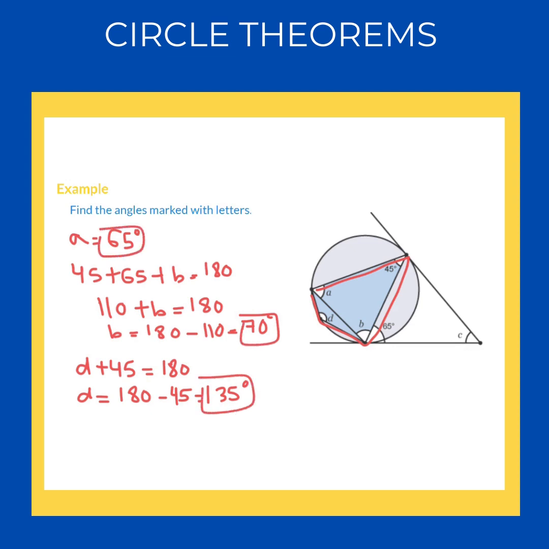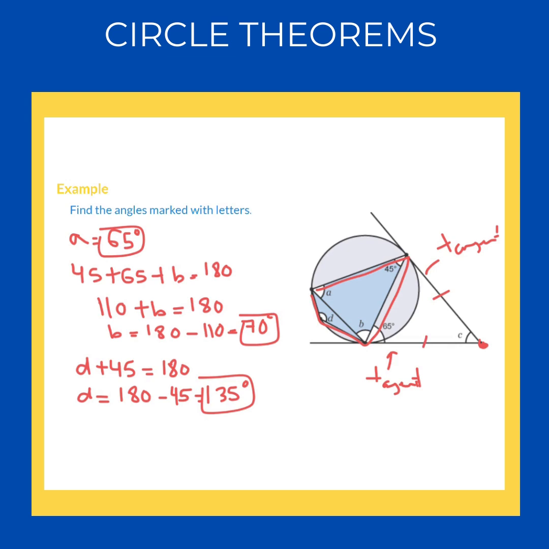Now, what's left is angle C. This is an exterior point, and this line is a tangent. This line is a tangent too. So according to theorem number 7, these two tangents are equal.